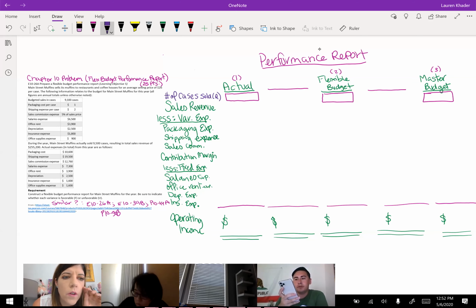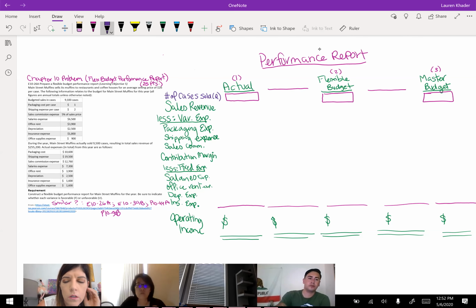Okay, so the chapter 10 problem is a flexible budget performance report. And you're going to have to set it up similar to what I've set it up here. The thing that I do know is that there's two different setups you may be given.